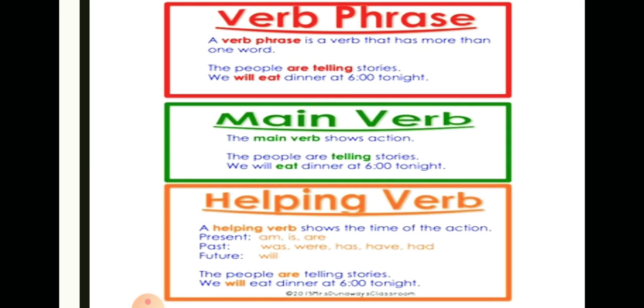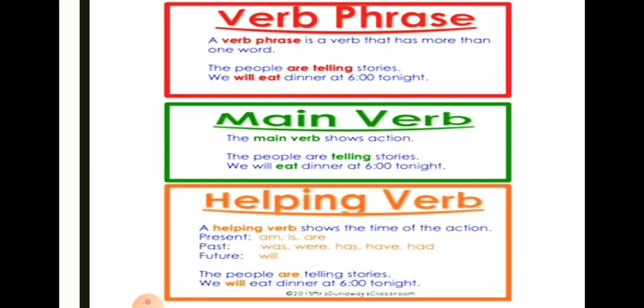And in the other pattern of verb phrase, we have a helping verb. A helping verb shows the time of the action, in which we have present, past, and future helping verbs. In present we have am, is, and are. In past we have was, were, has, have, and had. In future tense we have the helping verb will. Okay, for example, in the same sentence, the people are telling stories.